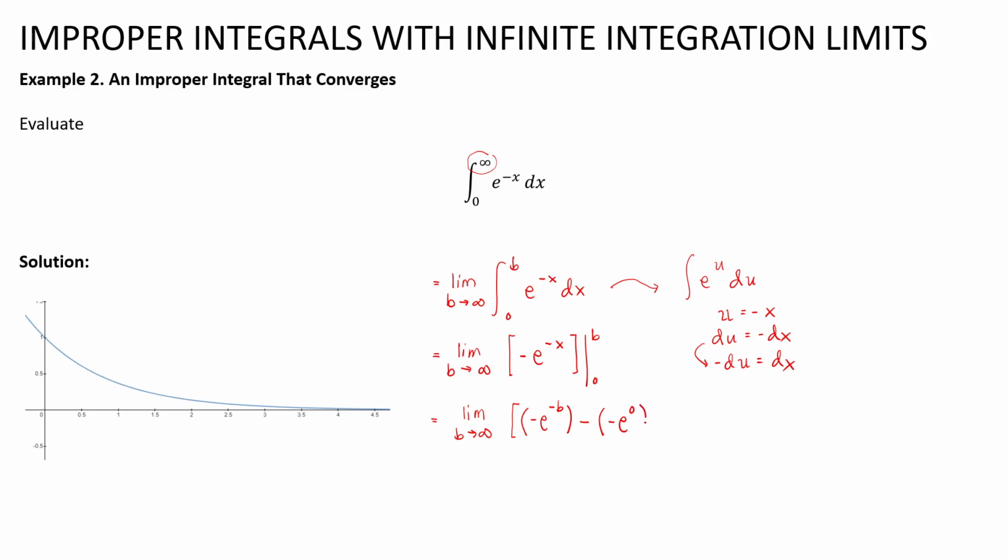There's no negative 0. Any number raised to the power of 0 is equal to 1. Meaning this will give us the limit of b approaches infinity of negative e raised to negative b, and then minus negative 1. All right.